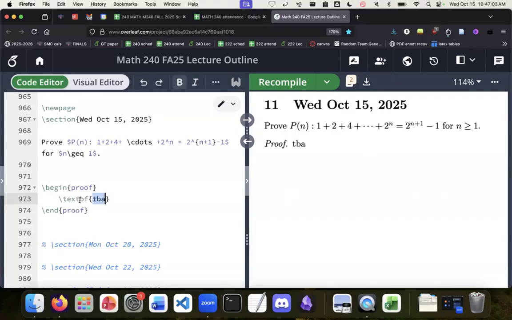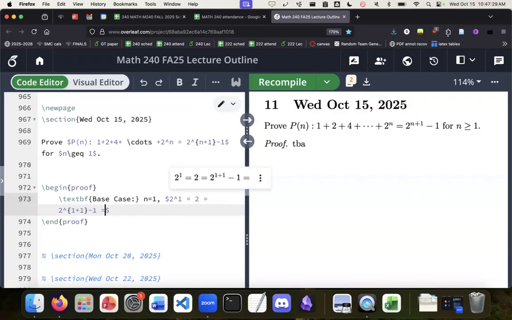So I'm doing the base case, which is going to be n equals 1. And so that's 2 to the 1, which is equal to 2, which is equal to, and then what's the right-hand side? 2 to the 1 plus 1 minus 1, which is 2 to the 2 is 4, minus 1 is 3.